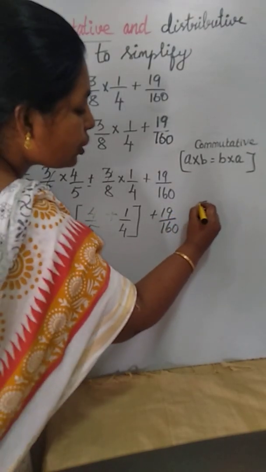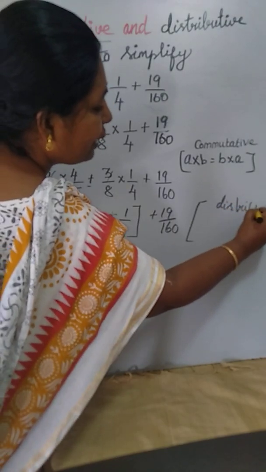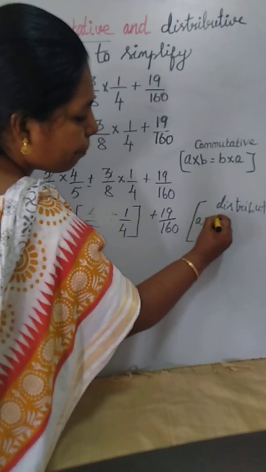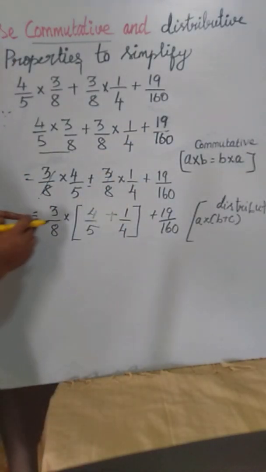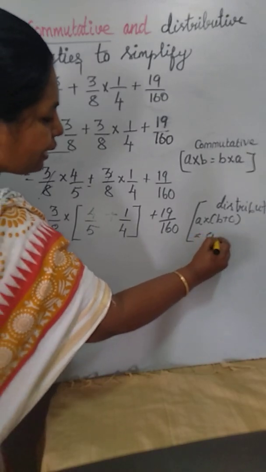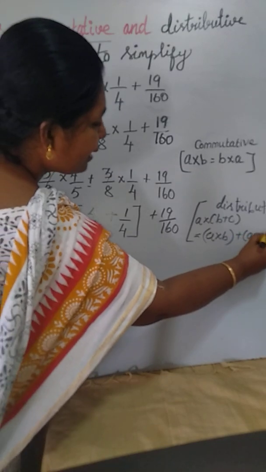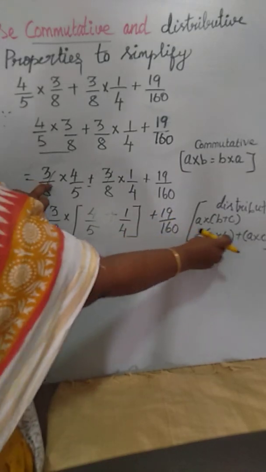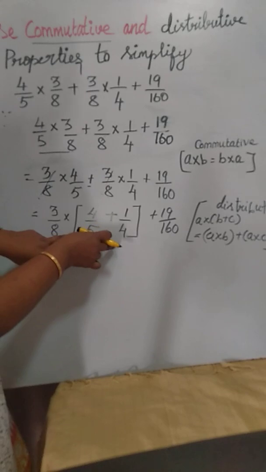The distributive property is: A into B plus C is equal to A into B plus A into C. So here A into B, and here A into C. So we apply the distributive property here.